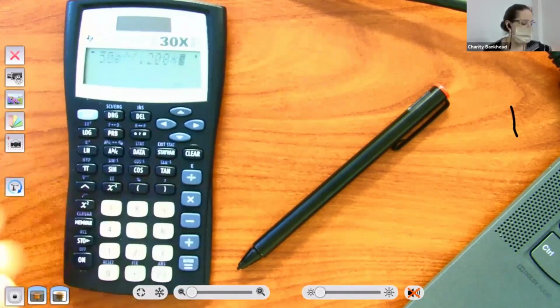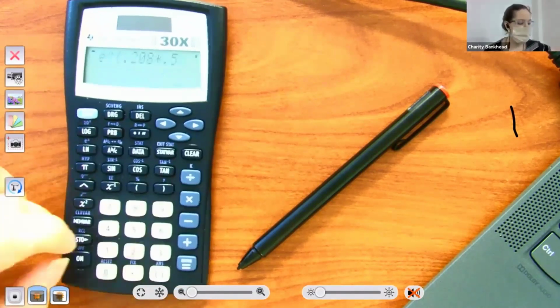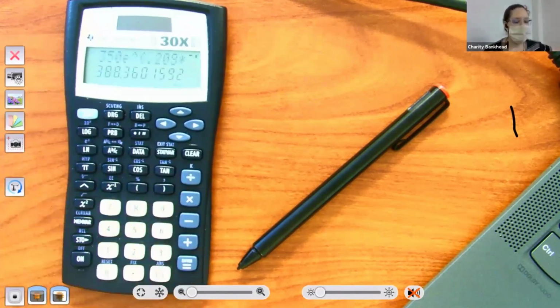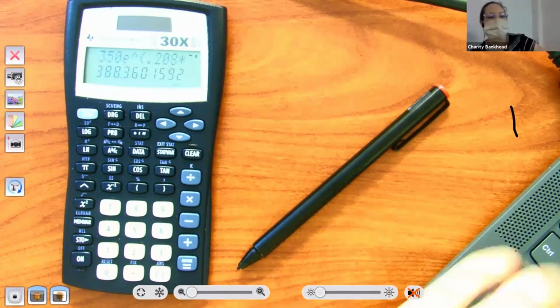And then we can put in the 0.208 times 0.5. So that's $388.36. That's the total that's owed after 6 months.